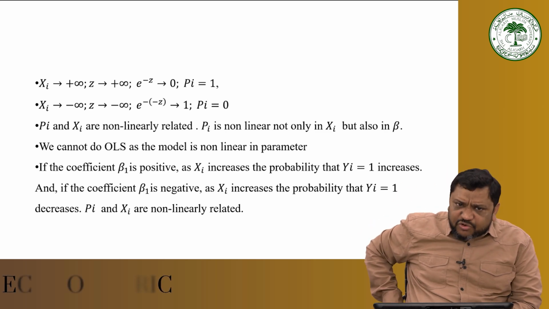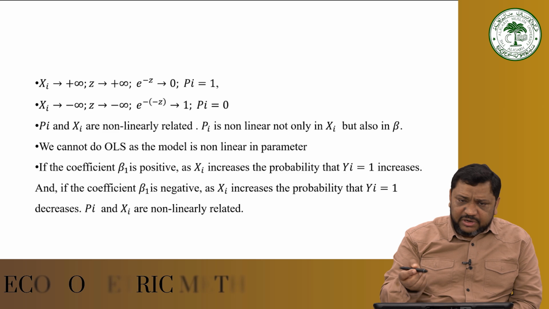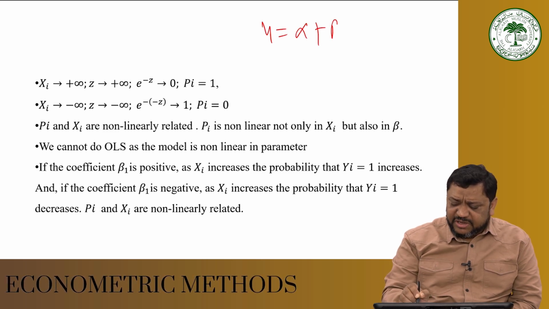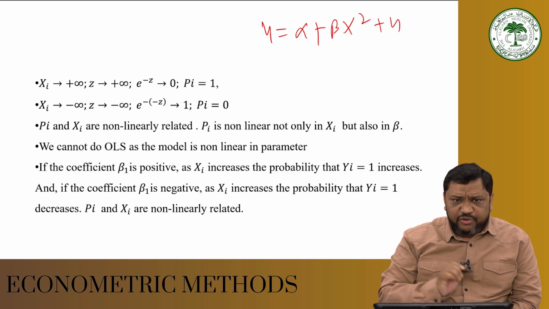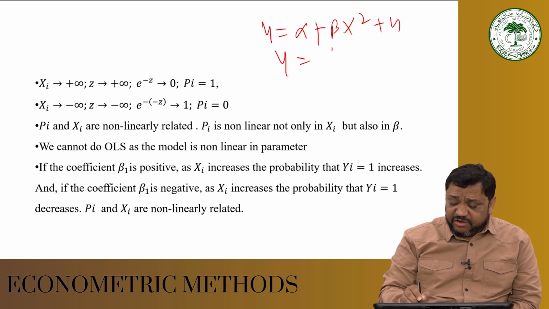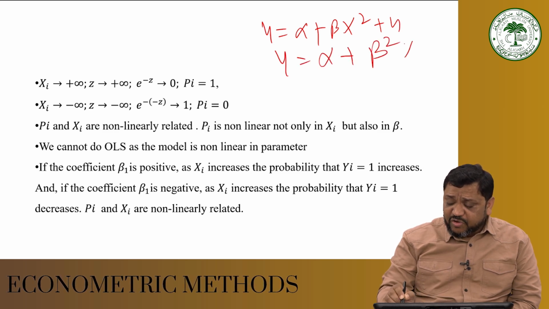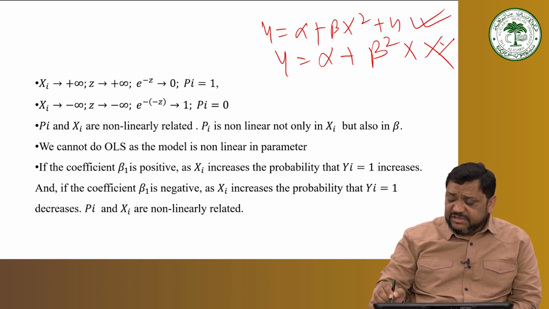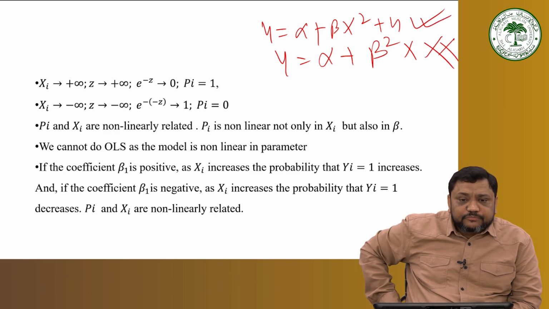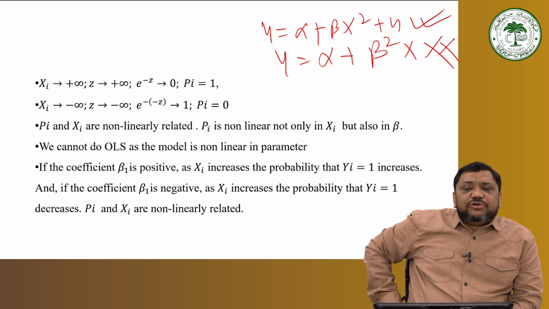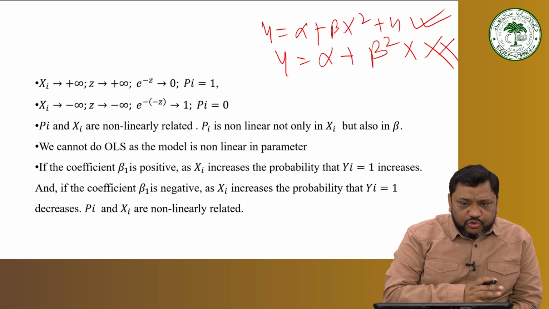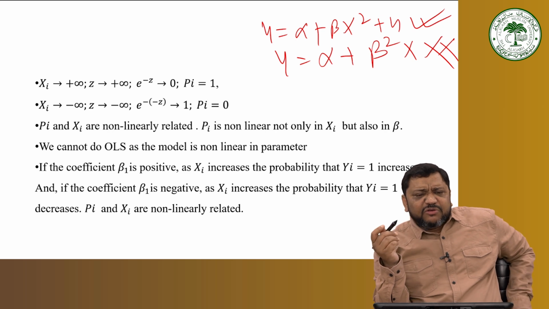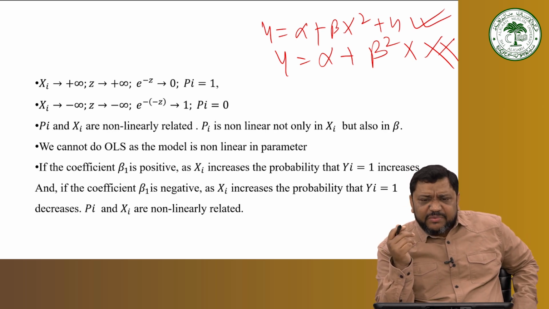We can take x square. If you remember our discussions, we can do y is equal to alpha plus beta x square plus u. You can estimate that. But y is equal to alpha plus beta square x, we cannot estimate. So we cannot use OLS. What we normally use is the maximum likelihood method, ML method.